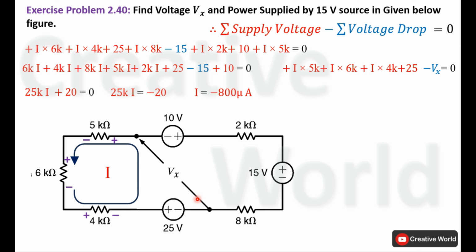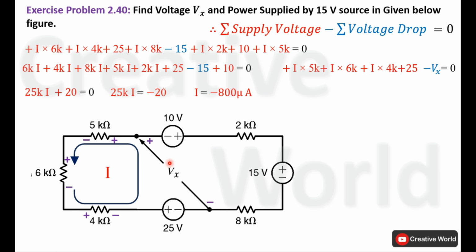Now I would like to share a keynote on why I have taken these positive and negative polarity notations across this Vx in this manner. These polarity notations can be reversed, plus here and negative here, because in the question it was not highlighted which points these are and which point is taken with respect to the other point.